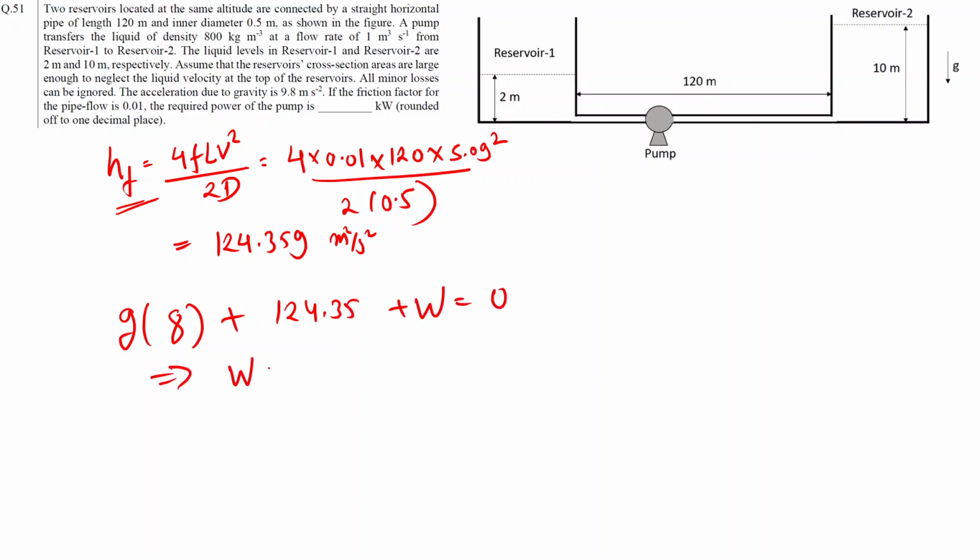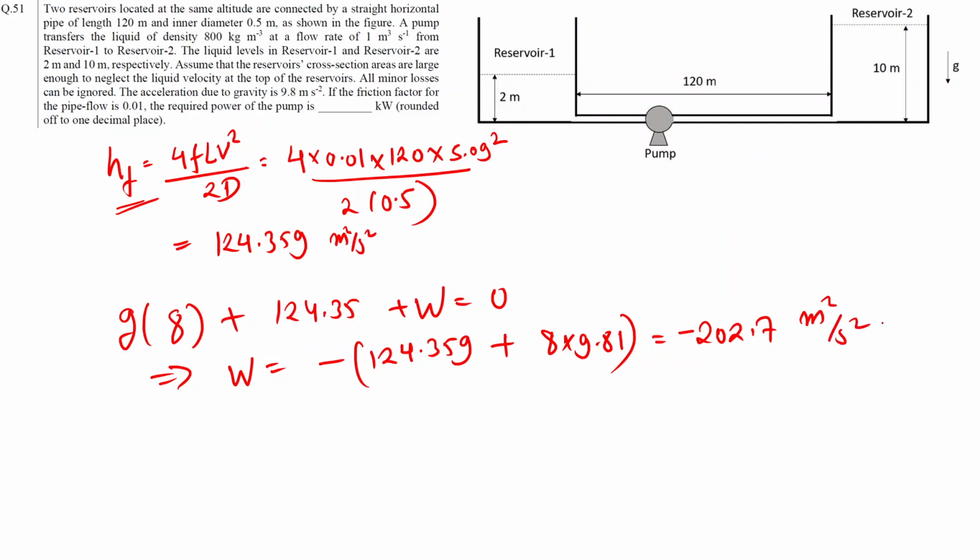That implies the work done will be minus of 124.359 plus 8 into 9.81. So you can write 8 into 9.81, and ultimately it will come around 202.7. The unit will be same as the HF, that is meter square per second square.